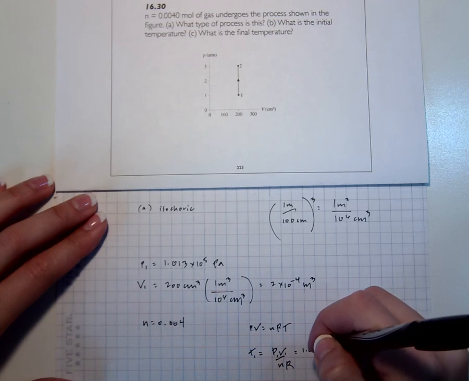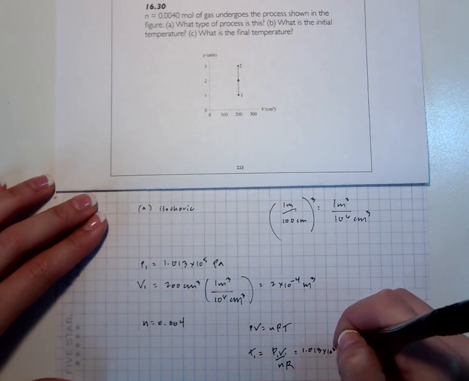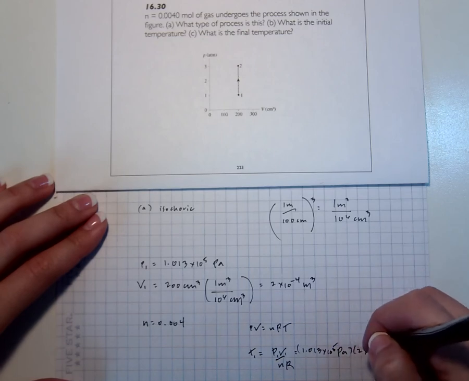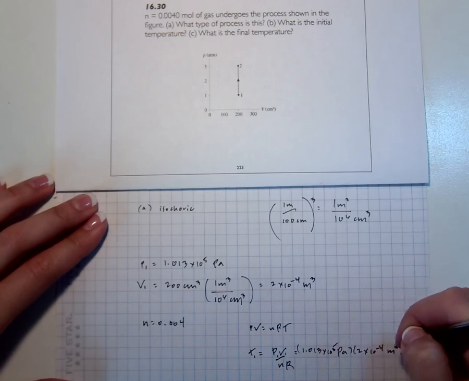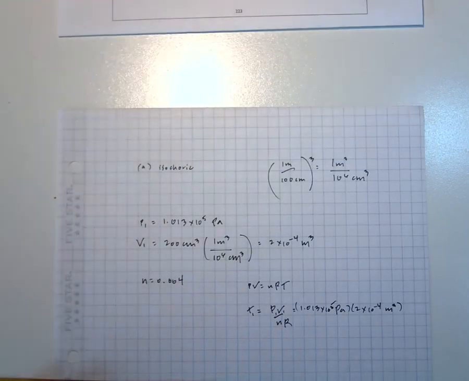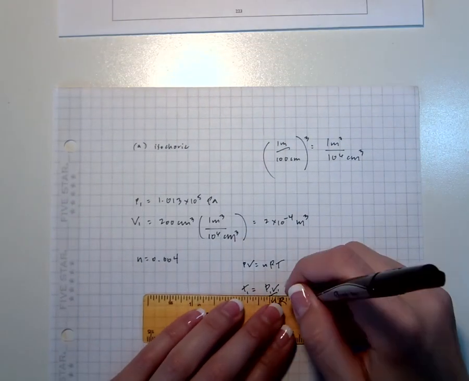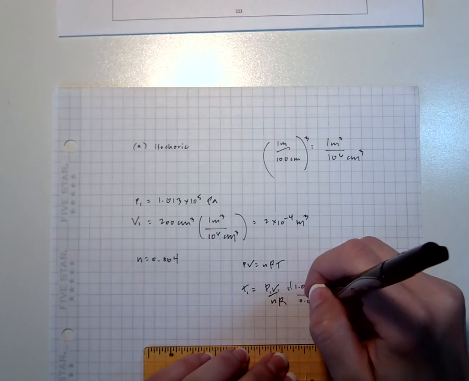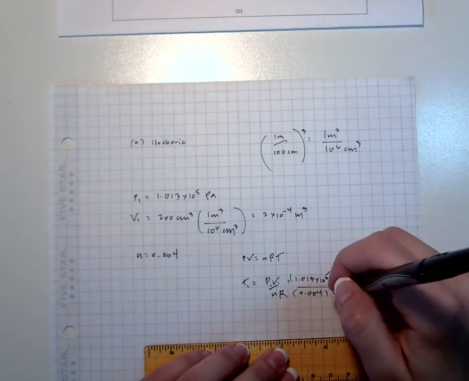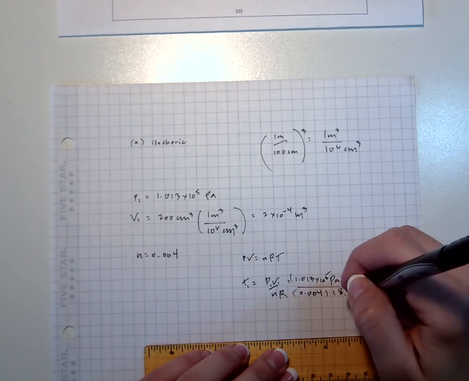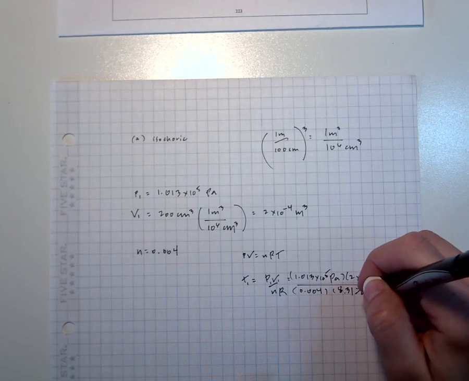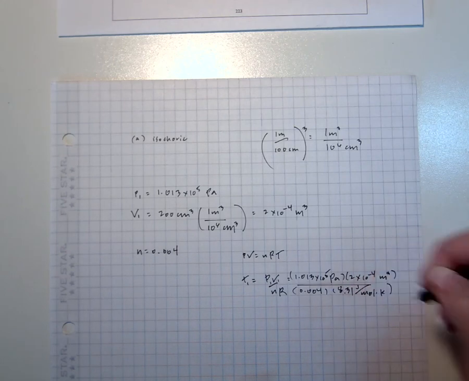We have 1.013 times 10 to the 5th pascals times 2 times 10 to the minus 4 cubic meters, all divided by the number of moles, 0.004, times R, which is our universal gas constant, 8.31 joules per mole Kelvin.